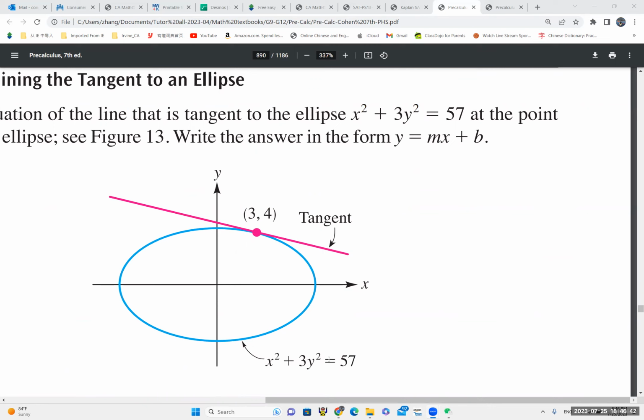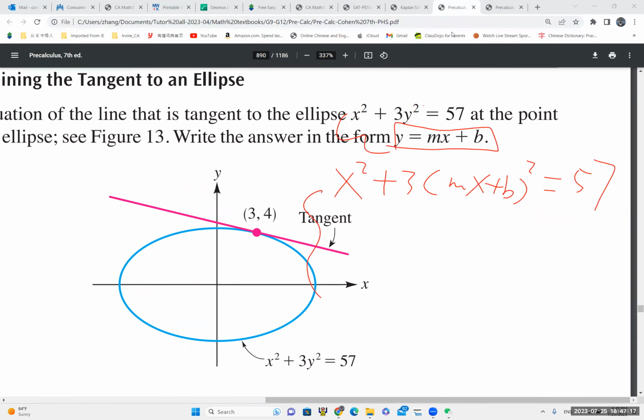Just think of this as a system of equations. We substitute y into the equation, so we have x squared plus 3mx plus b squared equal to 57, right? That's one equation. Another equation is that this line passes through the point 3, 4.